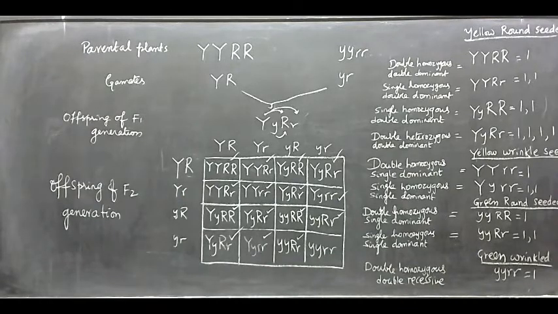This 9 is to 3 is to 3 is to 1 ratio is called the phenotypic ratio of dihybrid cross. The phenotypic ratio of dihybrid cross is 9:3:3:1.